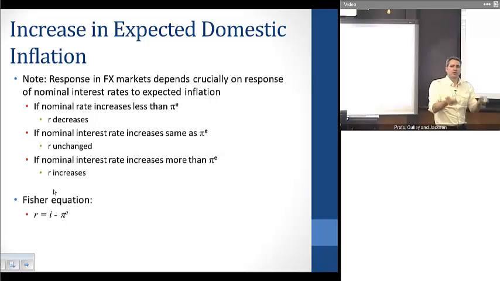And when the real interest rate goes up, then that's going to result in an appreciation of domestic assets and an increase in the demand for those. So in terms of thinking about the previous example, it's really crucial to understand the distinction between what's happening to nominal interest rates and what's happening to expected inflation in this case here.